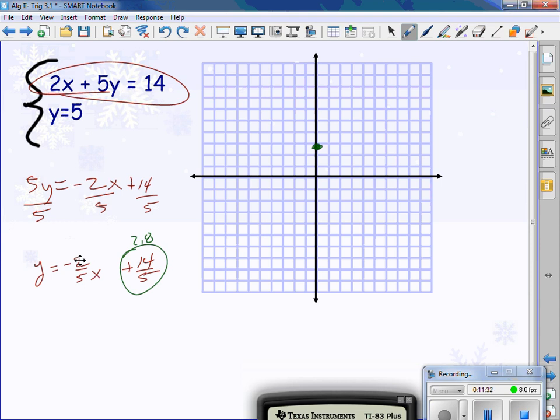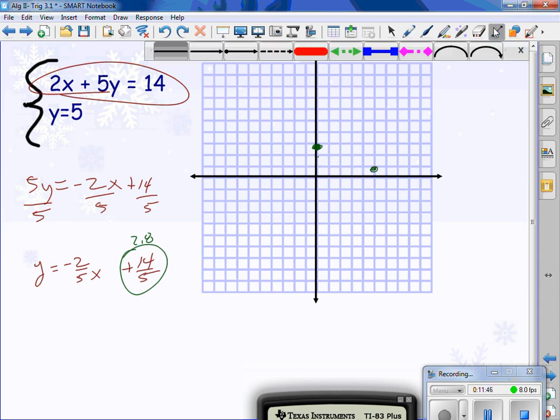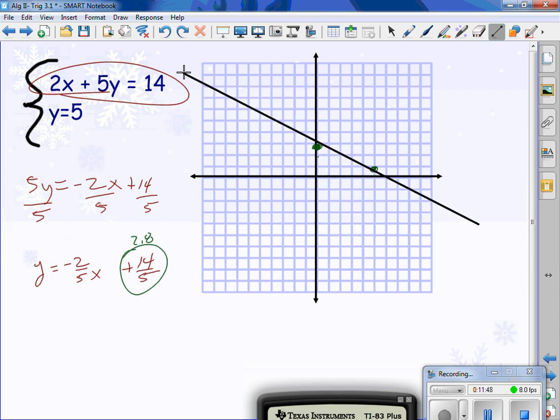Now I need to go down 2 to the right 5. Down 1, down 2, 1, 2, 3, 4, 5. I have that. Draw my line. And try to be as correct as possible.